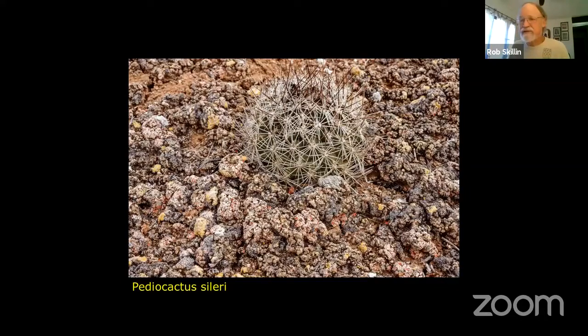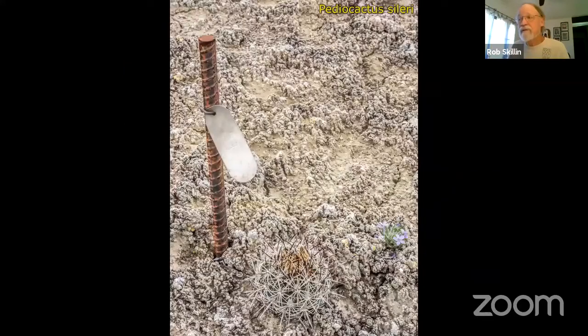Because this species is a threatened species, the Bureau of Land Management, which manages these plants, manages the habitat that they live in, and monitors the plants at various different sites in order to assess the health of the plants. So each plant at these sites is marked, as you can see here, with a piece of rebar and a numbered tag.